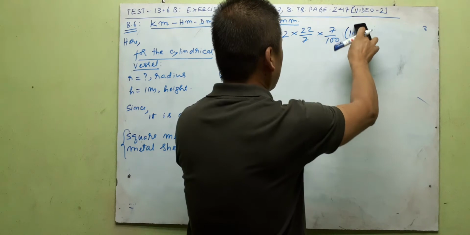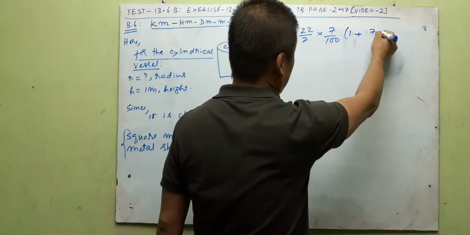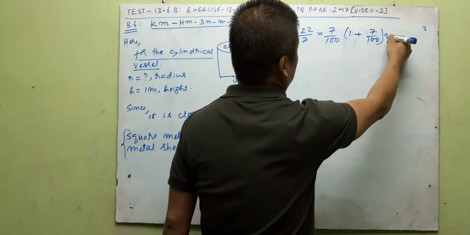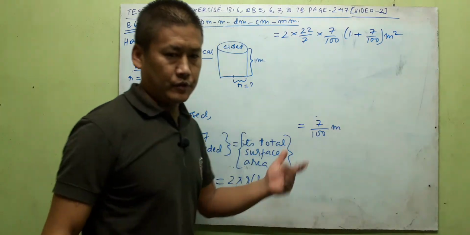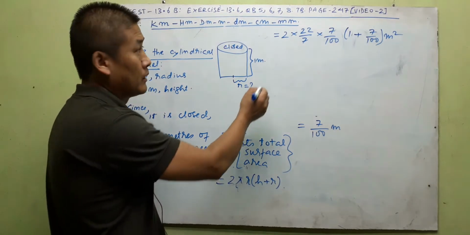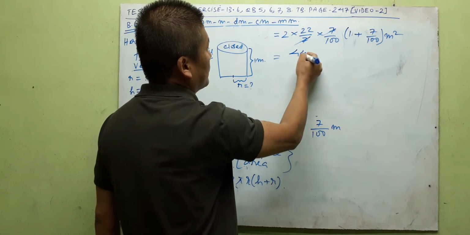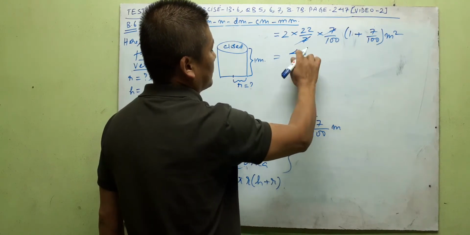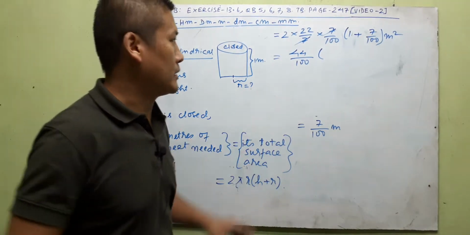So meter, no need to write it. H plus r is again 7 by 100, and at the back you can just put simply meter square. That's why I'm saying don't write inside area, so meter square. Then 7 and 7 can cancel. 2 into 2, 44 by 100. We can cancel, but just keep it because 100 in the end is easy to divide. So just wait and see.